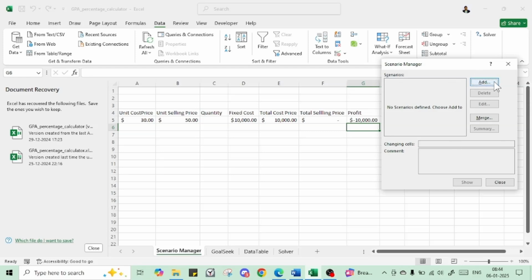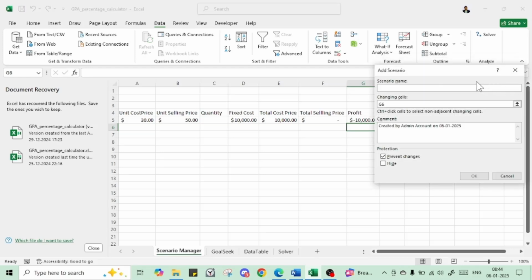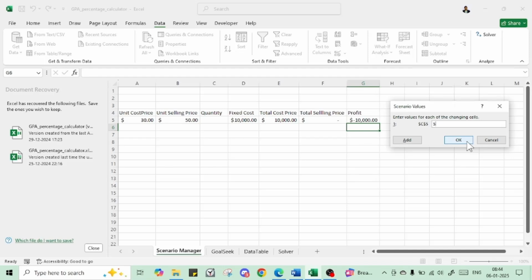You have to add a new scenario. The scenario name is selling 500 units. The changing cell is quantity. Okay, 500.